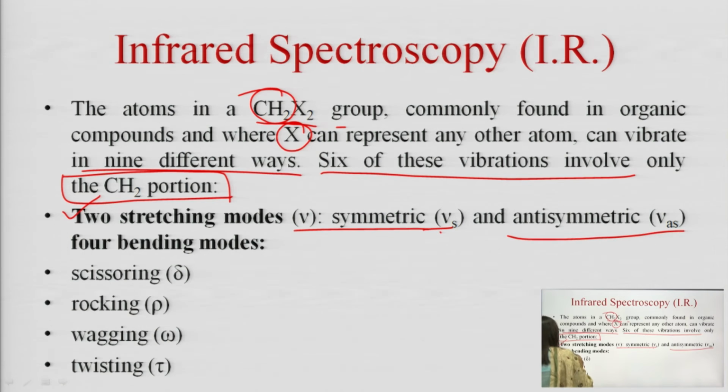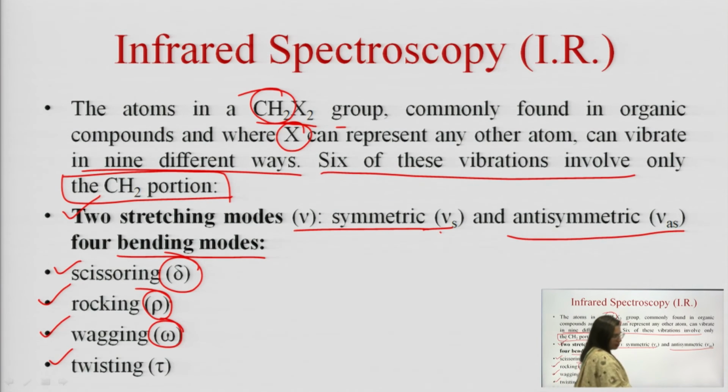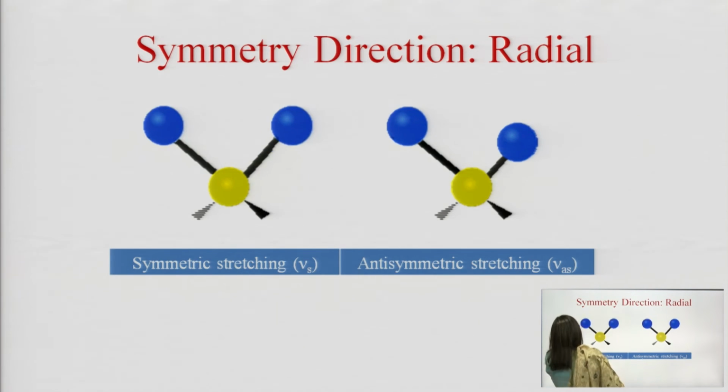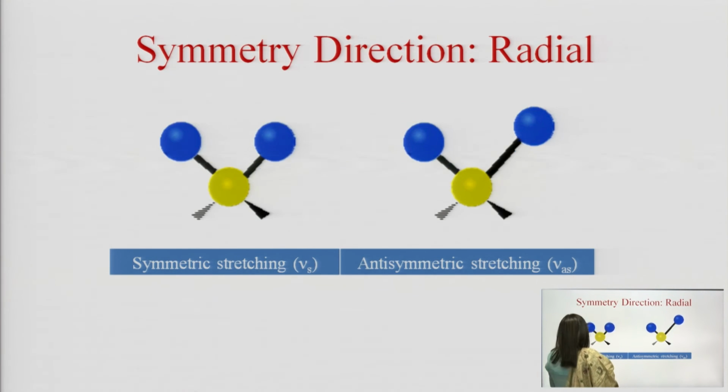and 4 bending modes, that is scissoring, written as delta, rocking as sigma, wagging omega, twisting tau. So, these are the various vibrational modes.